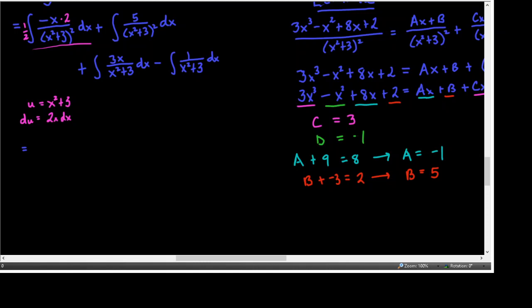And that becomes negative 1/2, because I'm going to pull that negative out in front as well, times 1 over u squared, and the 2 and the x and the dx all become the du. And I'll rewrite that 1 over u squared as a power of u to the negative 2.